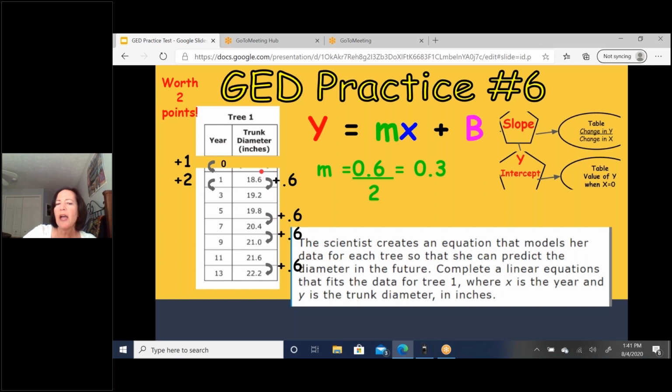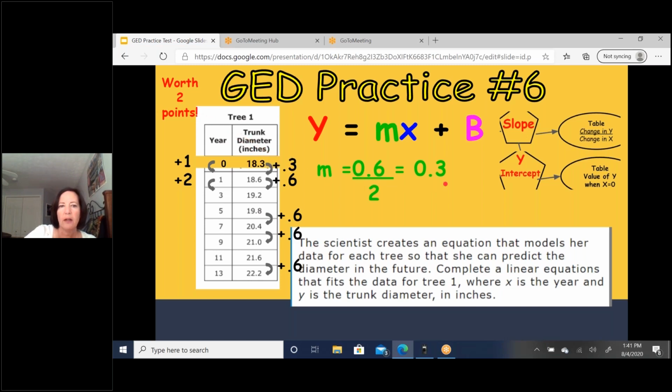But we're not talking about the time length of 2 years. We're talking about the time length of 1 year. So we have to figure out, well, if it gets 0.6 bigger in 2 years, in 1 year, it's only going to get 0.3 bigger.